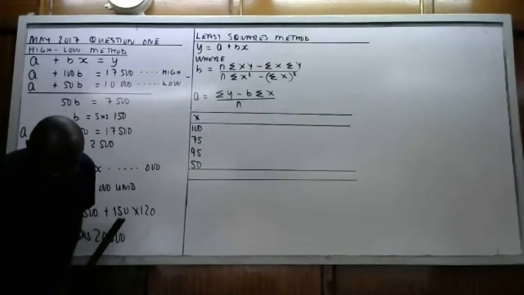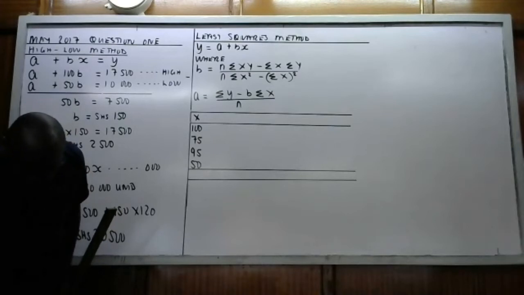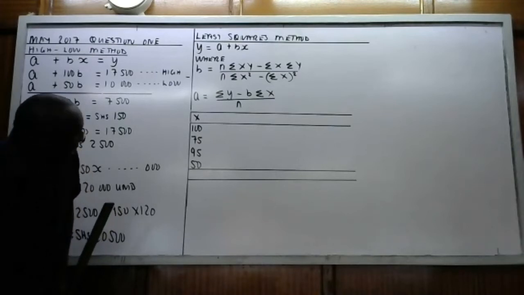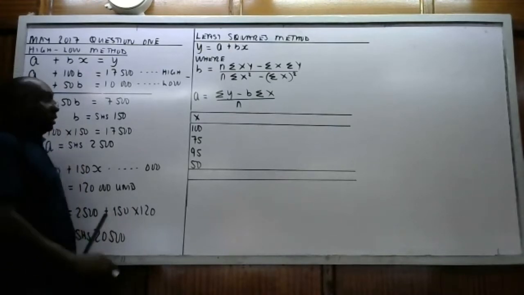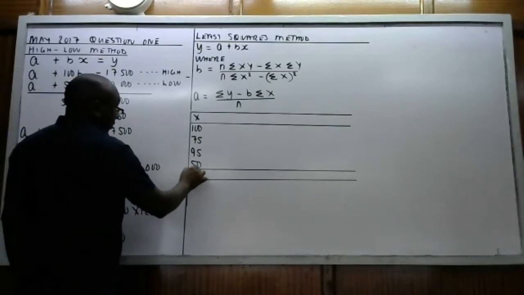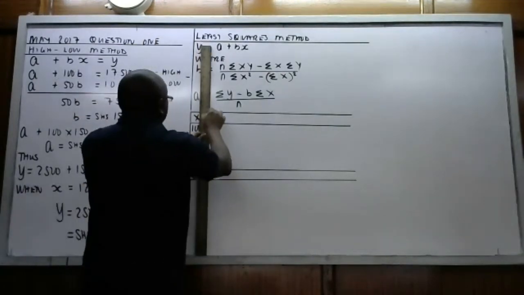So if you add those, the same 100 plus 75 plus 95 plus 50, you come at 320.